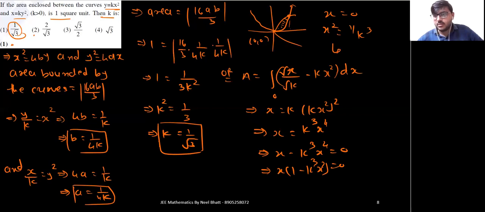So from it, x equals 1 by k raised to 3 by 2. So the limits will be 0 to 1 by k raised to 3 by 2. In this particular limit, we have to find the integration. That's it. This is how we can also find the same answer. But if you know the method, then it will be very easy. This is the second method.